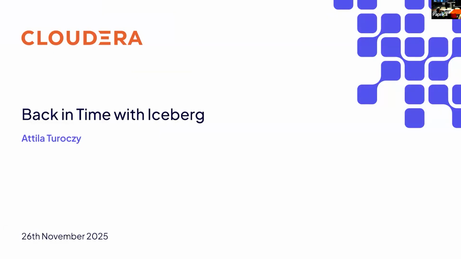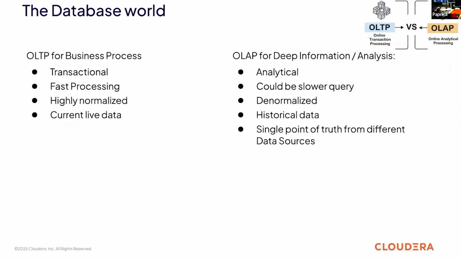It is cool. So let's go back in time and see how databases worked somewhere in the 2000s. A couple of years ago, or maybe 20 or 25 years ago, we had just OLTP databases. OLTP databases were good because you have a transactional database that was fast and highly normalized.